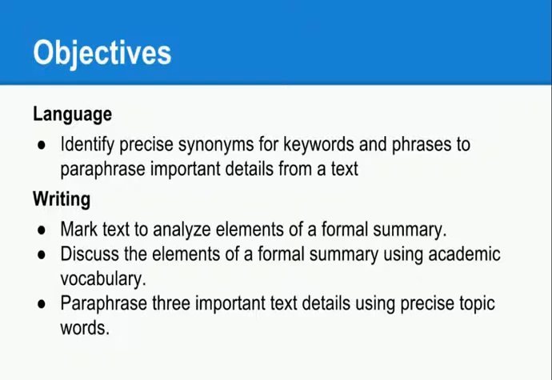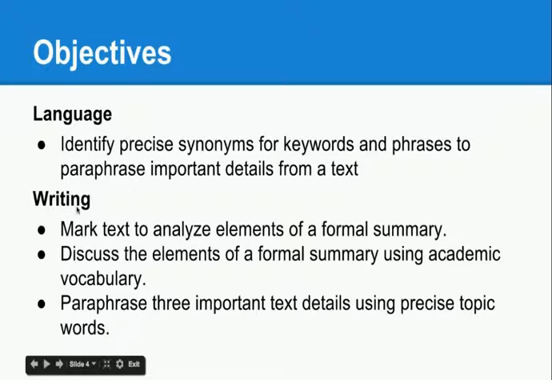Well done. Repeat the whole thing after me now. Identify precise synonyms for keywords and phrases to paraphrase important details from a text. All right, great. So just remember that you're going to identify precise synonyms.